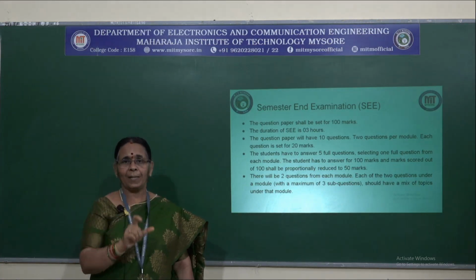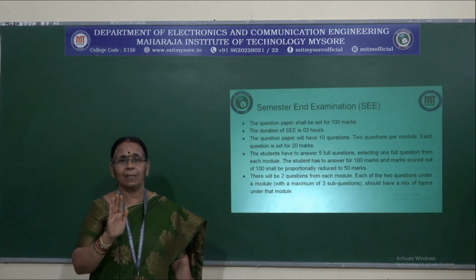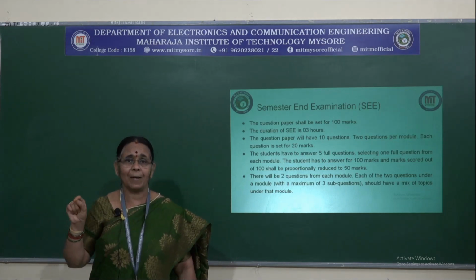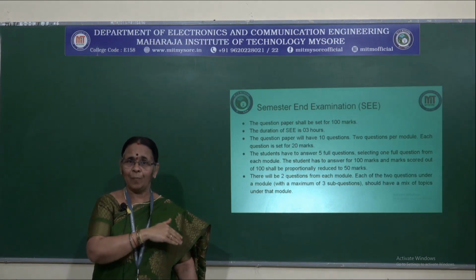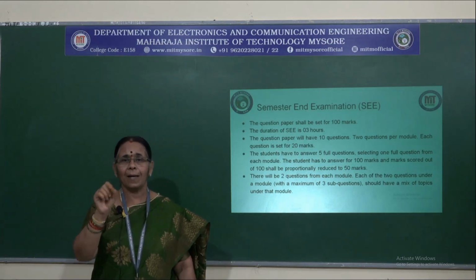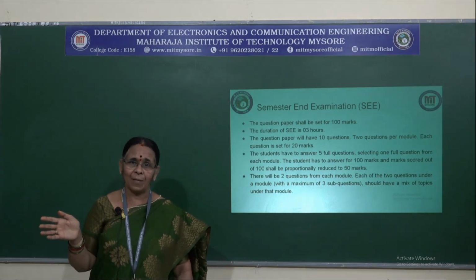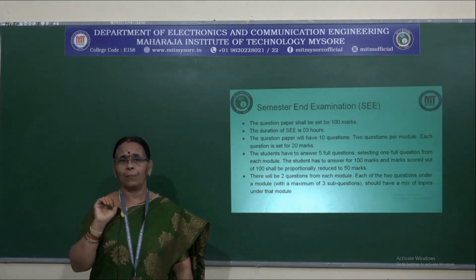But you should score a total of 40% from both CIE and SEE, and the minimum for the final examination is 18. If it is 30 in the internal and 10 in the external, again you have failed. So you should have scored 18 in the final examination and 25 or 30 in internal, then you should pass.